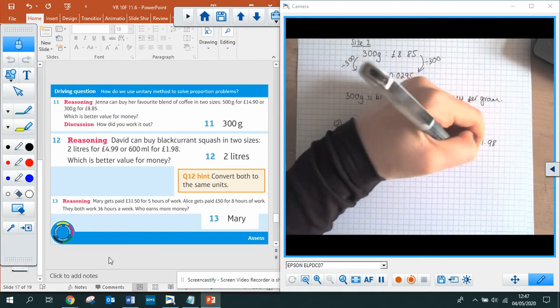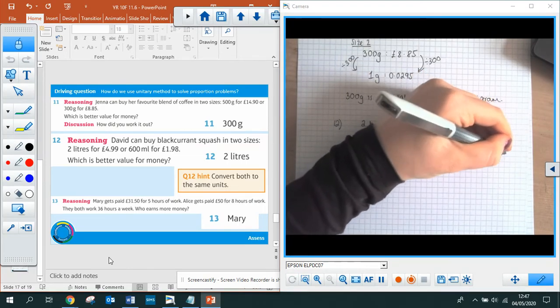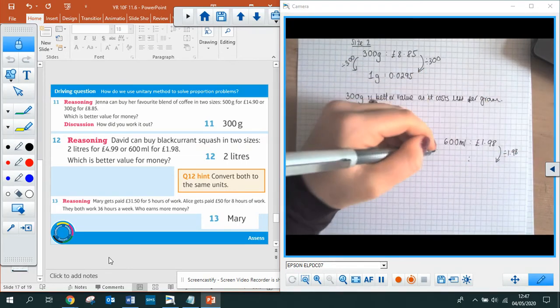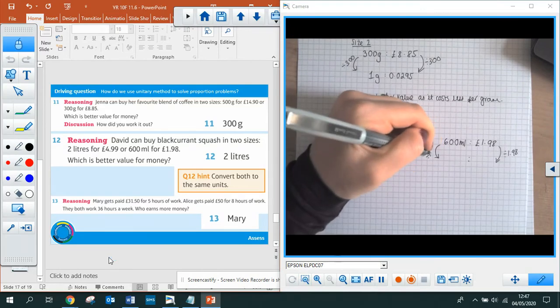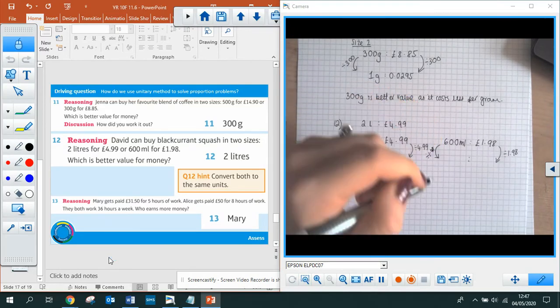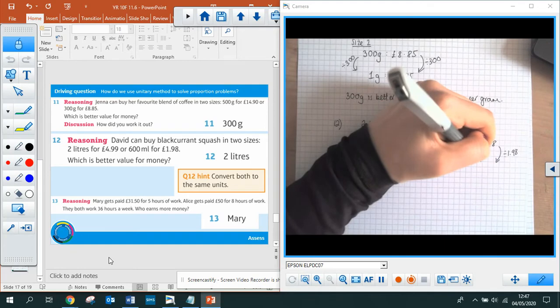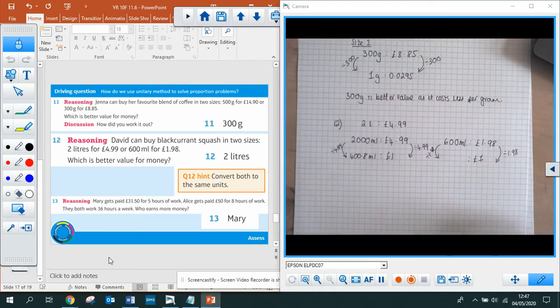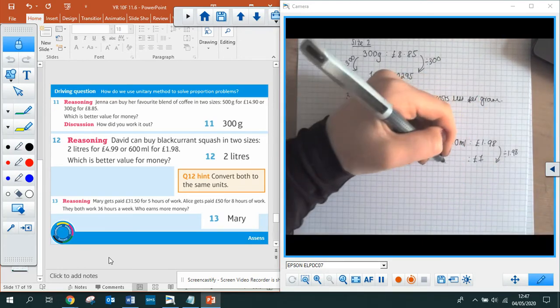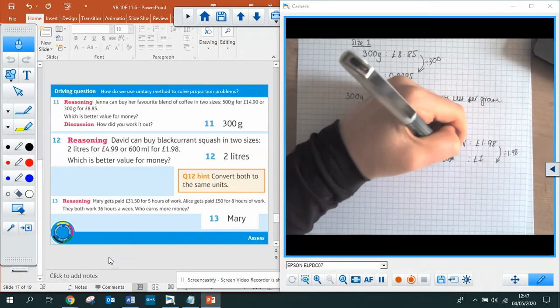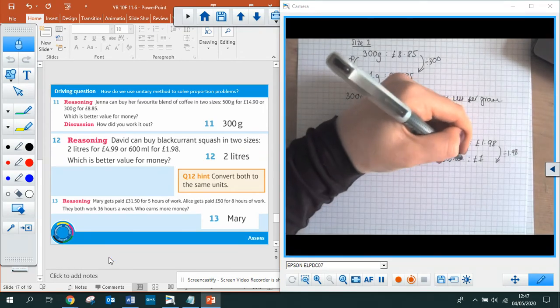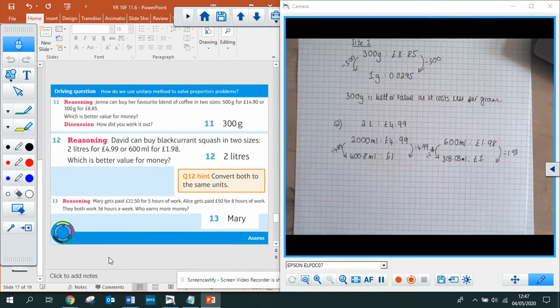That means I'm going to divide both sides by 1.98 on the other option, so that I find out how many millilitres they get per pound. That gives me £1 there, and then 600 divided by 1.98 is 303.03 millilitres. Okay, so it says which is better value for money.